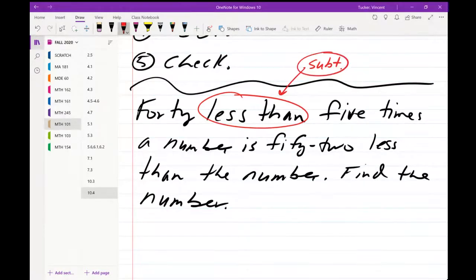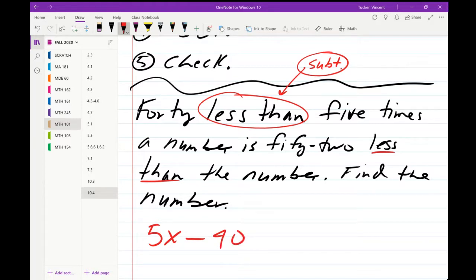So we got 40 less than 5 times the number. When it's set up that way, the 5 times the number, which is multiplication, 5 times x, that's going to go first, and 40 less than that will be 5x minus 40.